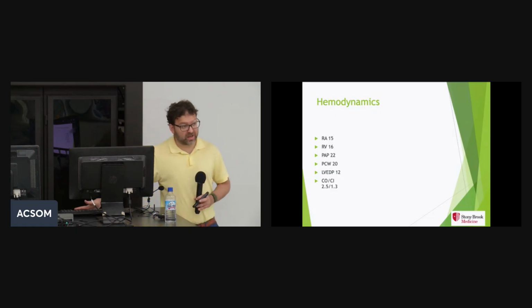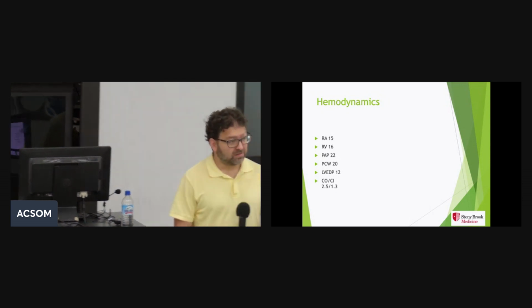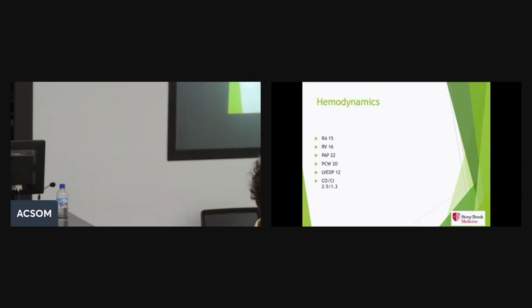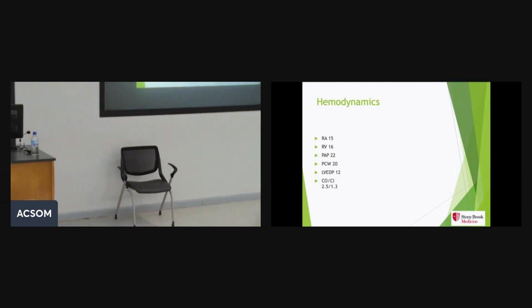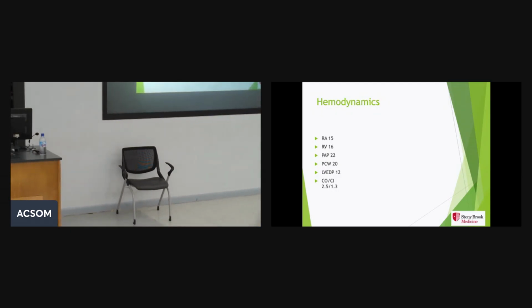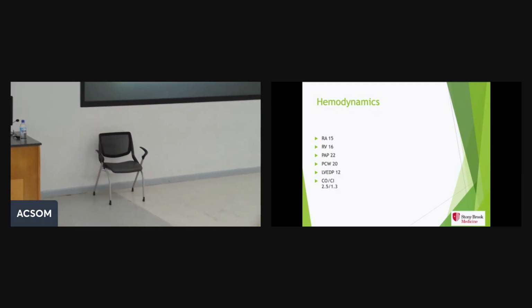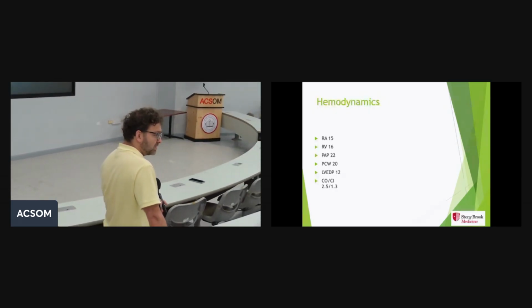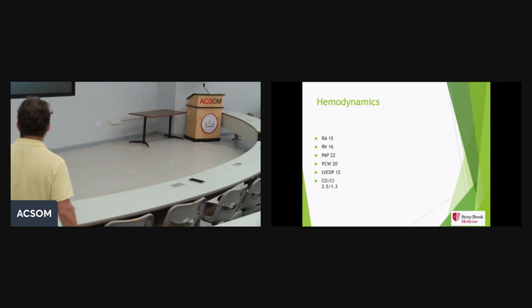They don't give you an SVR here, but what do you think of these numbers? Are they surprising to you? Yeah, they're pretty good, actually. If he was in cardiogenic shock, what would you expect his LVEDP to be? High. Yeah, his LVEDP is 12.